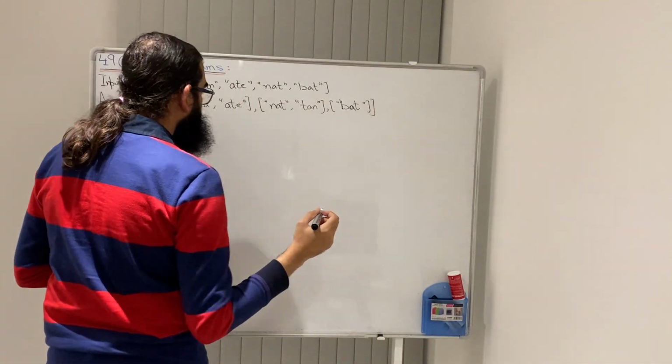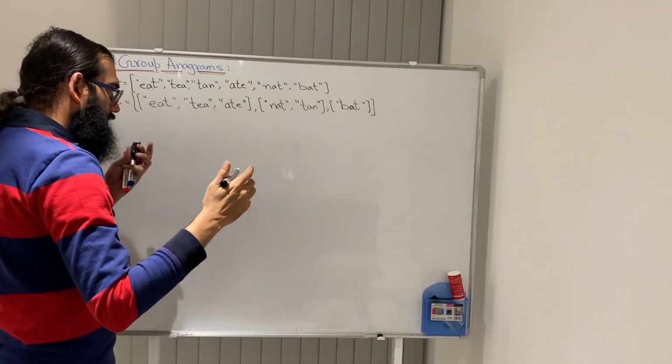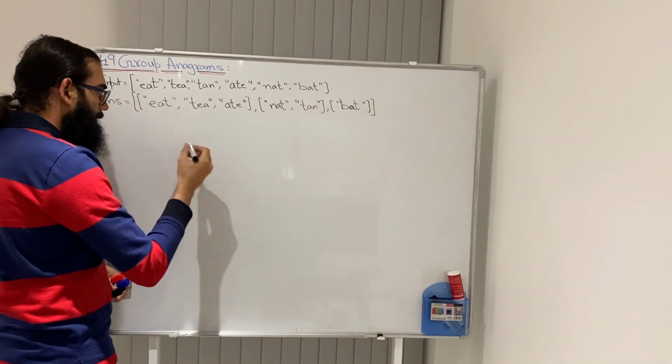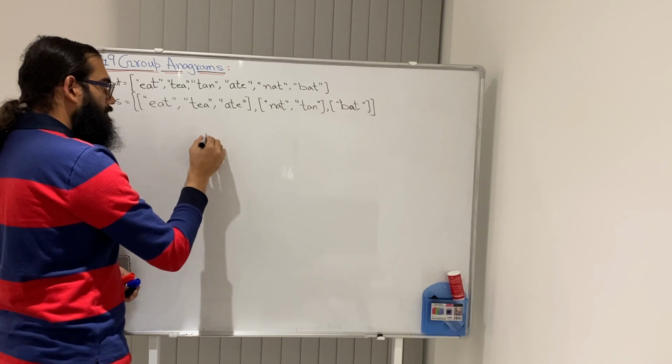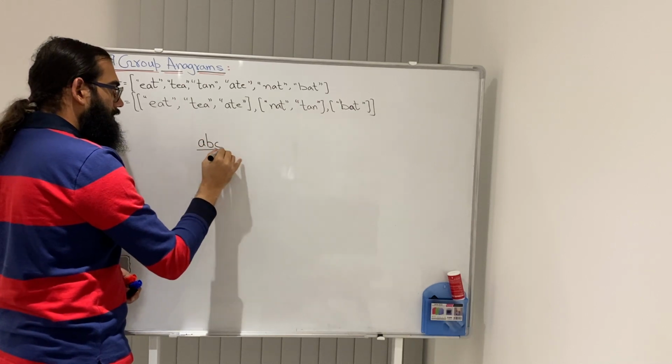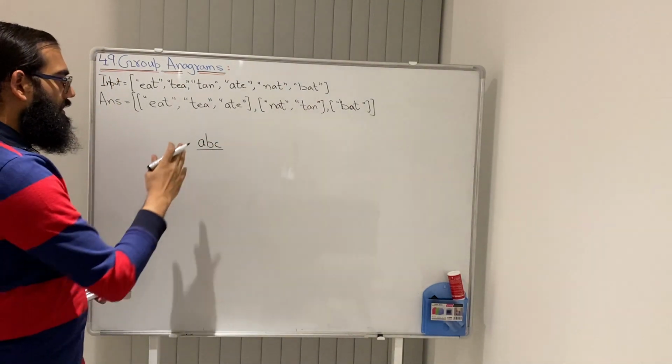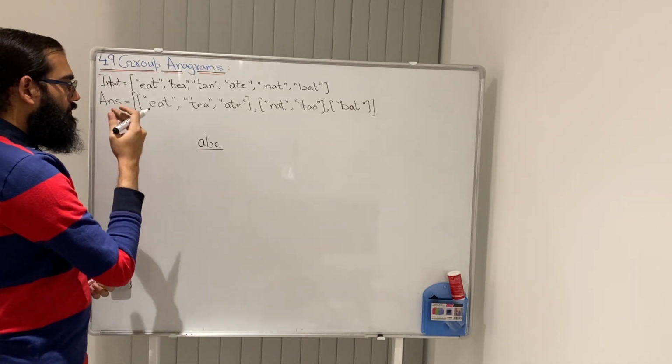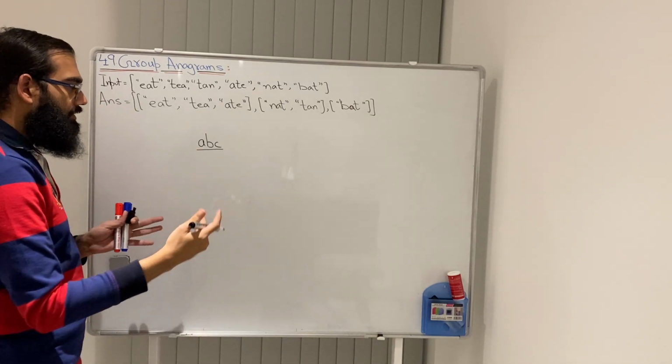So anagram. For example, you have letters A, B, and C. From this, how many ways can we make different words using the same characters?